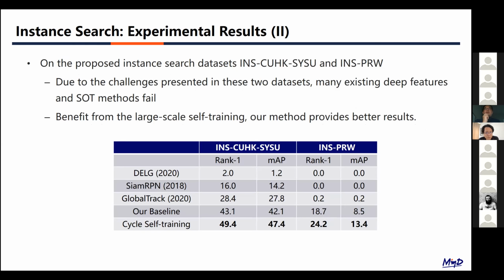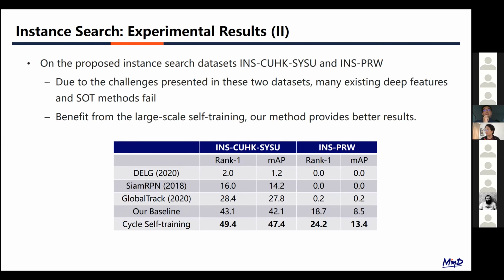Now, when we apply the existing algorithms to this much more diverse and much larger data set, we clearly see that the conventional methods do not work well at all on these two diverse data sets. But again, our baseline is a strong baseline and outperforms the other competitors.